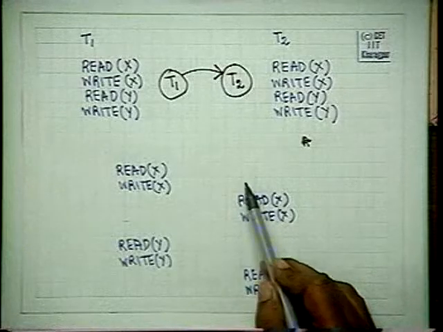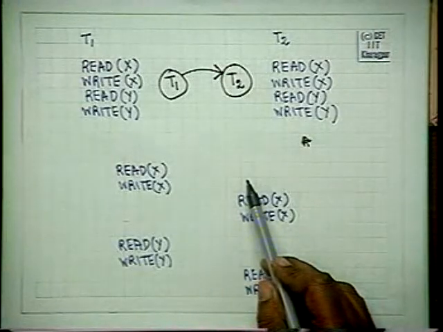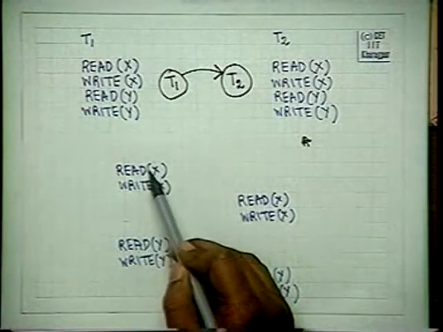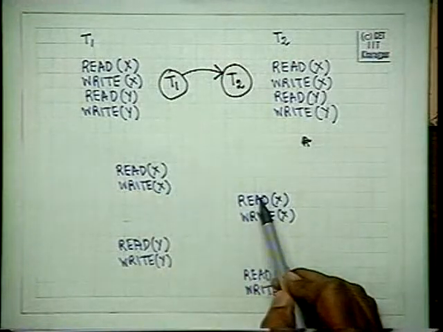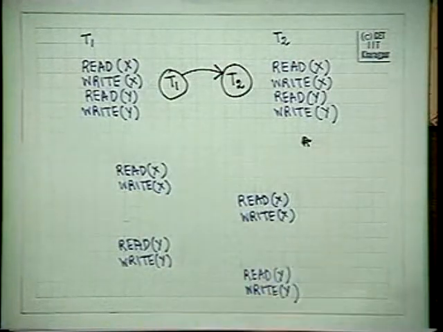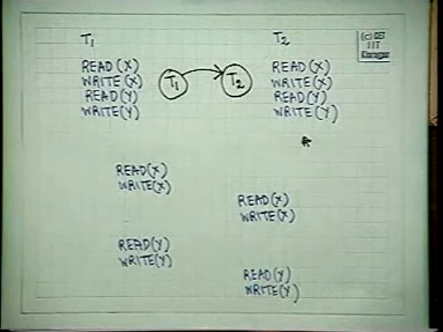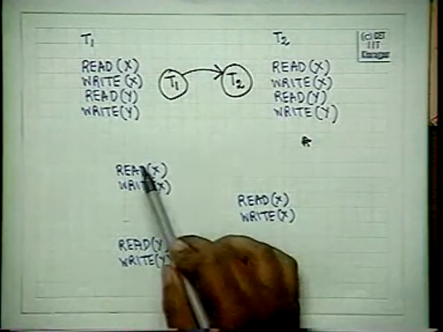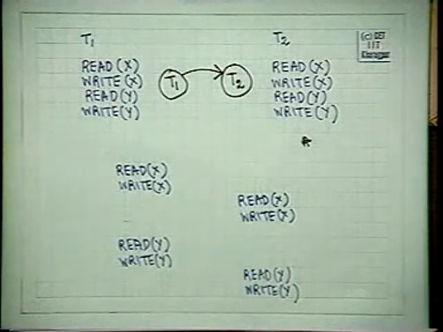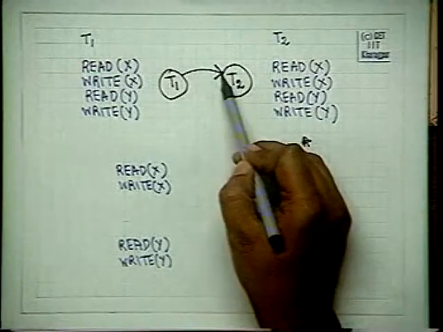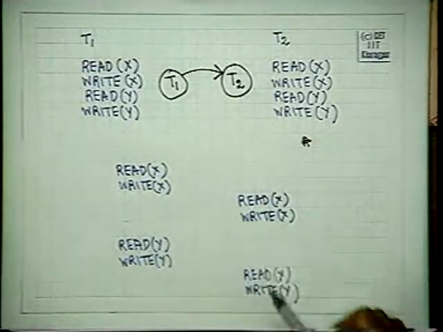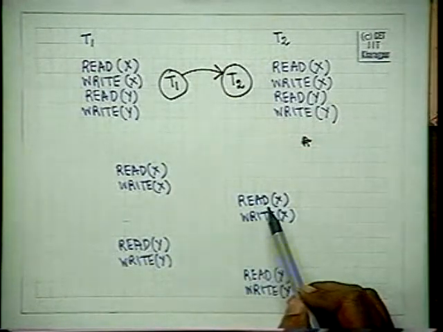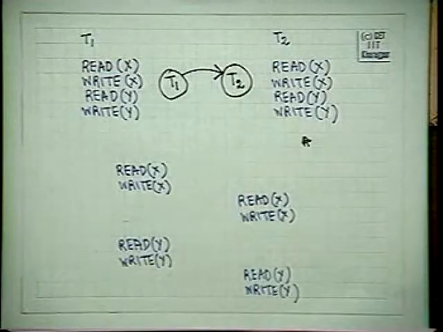This one cannot be moved above this one. So this part of T1 must execute before this part of T2. So if it is to be serializable, then T1 must execute before T2. This arrow means that if these two are to be serialized, then T1 must execute before T2.